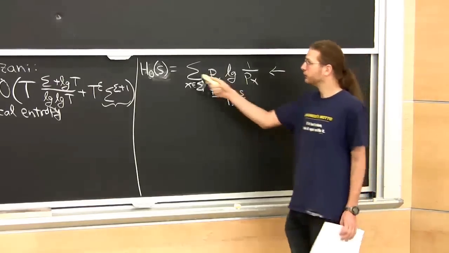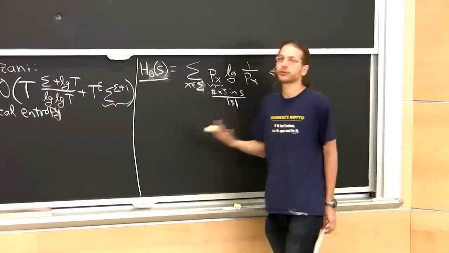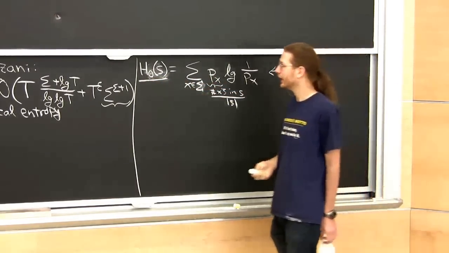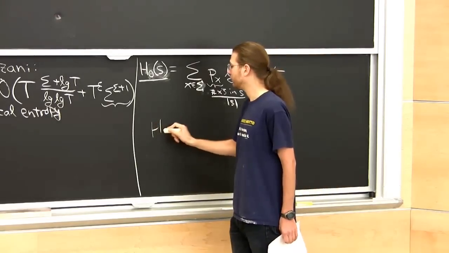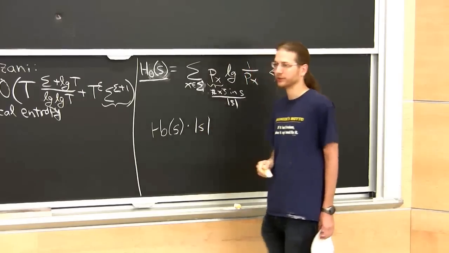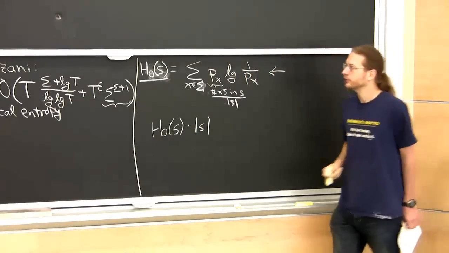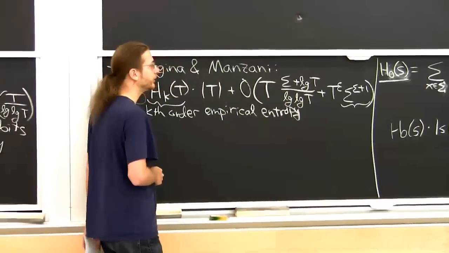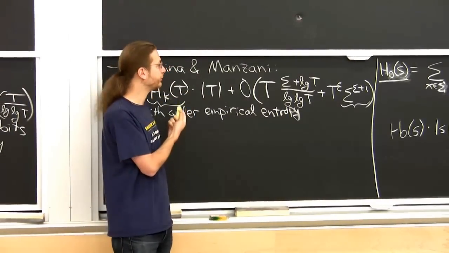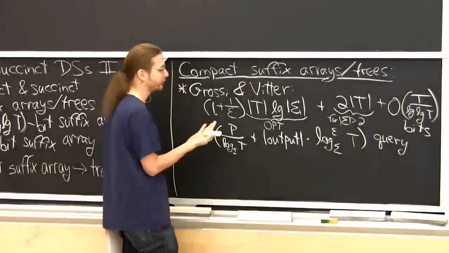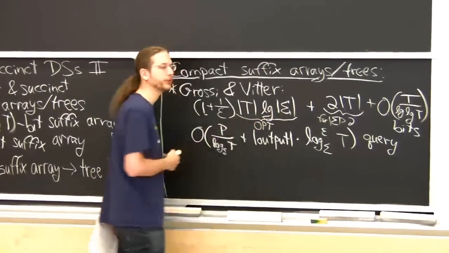So if you used what's called a zeroth order code, where you just have a code for each character of the alphabet, then the space bound you would achieve is H0 of S times the number of characters in S. Okay, so that would be if you substitute in k equals 0 here. So that's kind of neat. This is a compressed representation of the string. Over here, we just wrote down the string, and if the string is uncompressible, yeah, T log sigma is optimal.